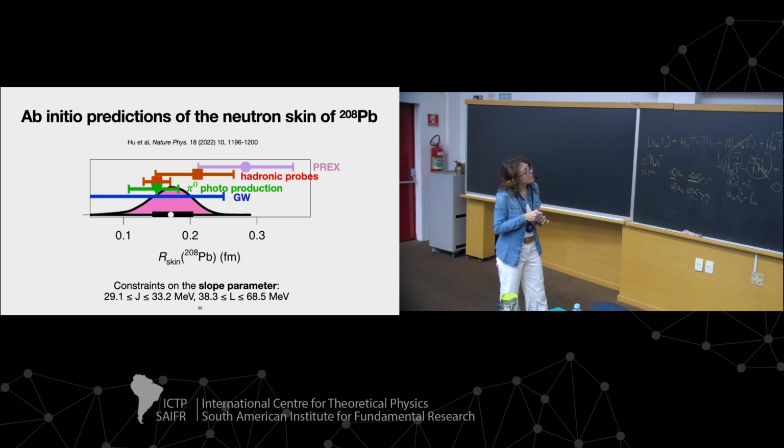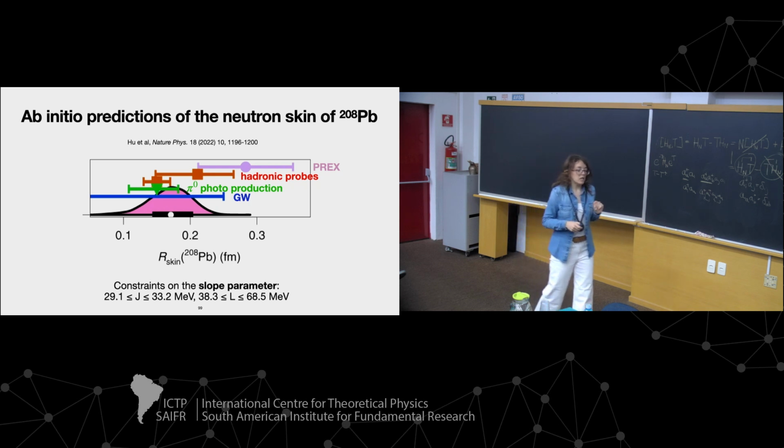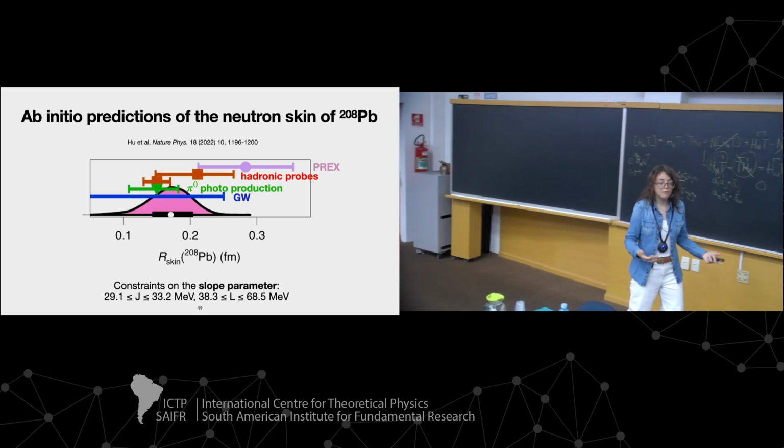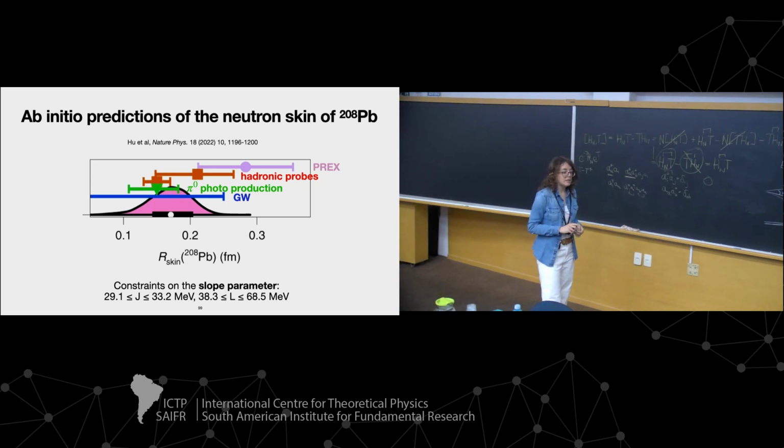And then here we have the constraint that comes from gravitational waves. So in general, we see the constraints on the neutron skin of lead-208 are kind of lower with respect to PREX. So there is a mild tension here. They kind of prefer softer equations of state with respect to the PREX prediction.